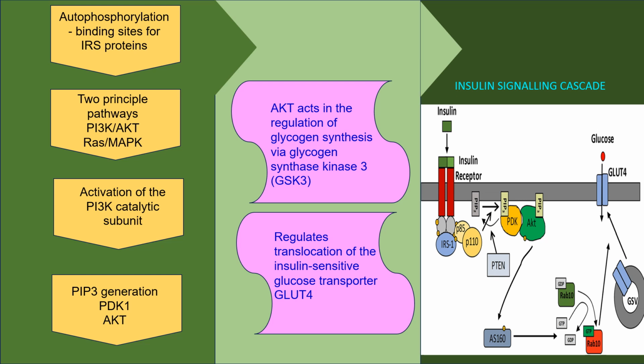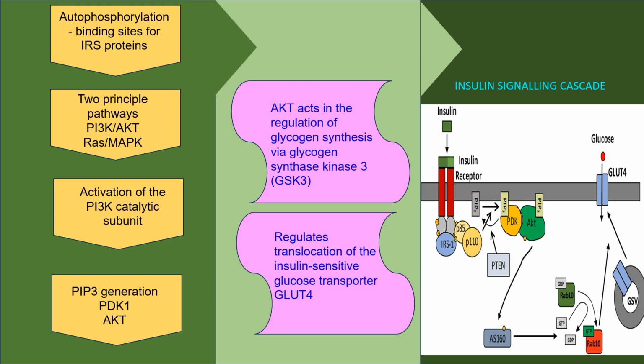To summarize, the phosphorylated receptor recruits and phosphorylates the insulin receptor substrate 1 on tyrosine residues, which then recruits dimeric PI3 kinase via SH2 domains on the P85 subunit, which in turn recruits the P110 subunit that brings the substrate PIP2 to the vicinity of PI3 kinase.